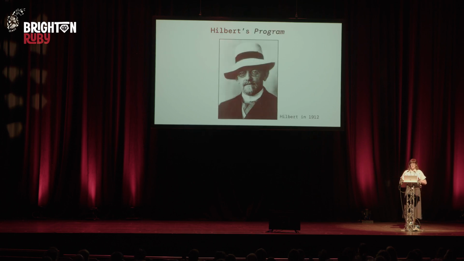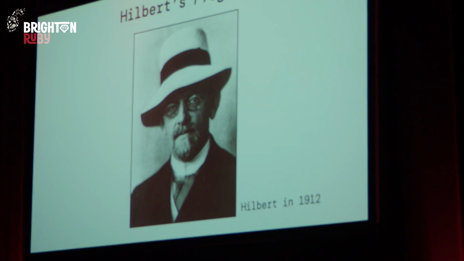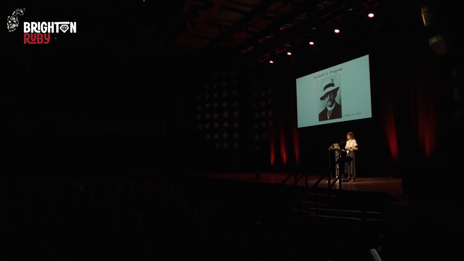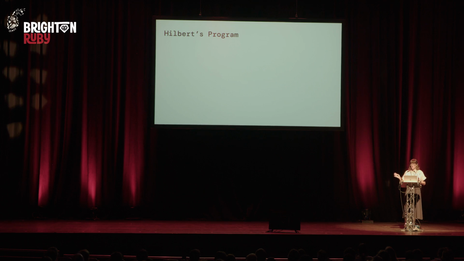Okay, so David Hilbert was a German mathematician and philosopher of mathematics, and one of the main figures in this quest, in the early 20th century, to provide a secure foundation for all mathematics. He had a program, which came to be known as Hilbert's program, that aimed for a secure foundation for all mathematics.